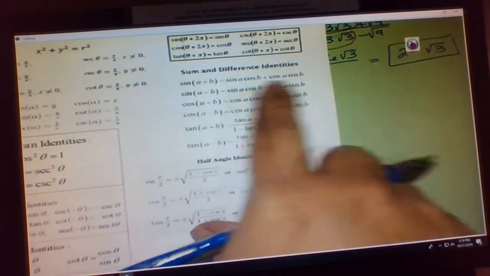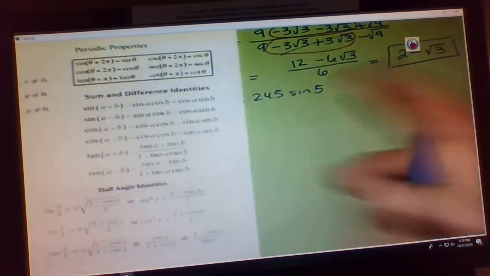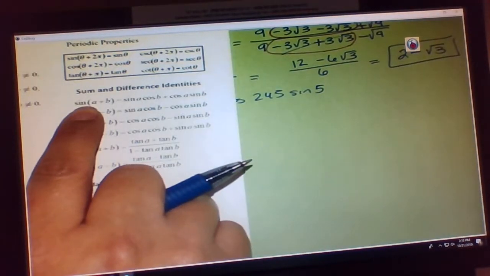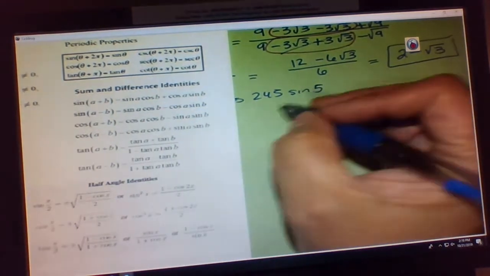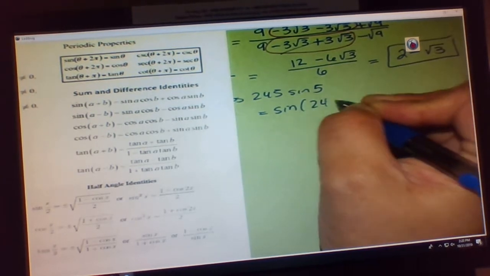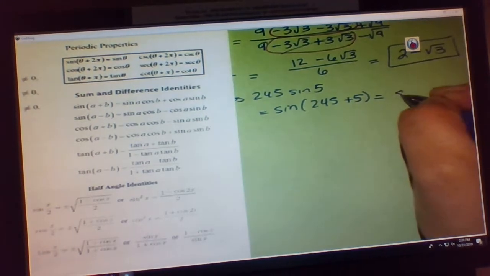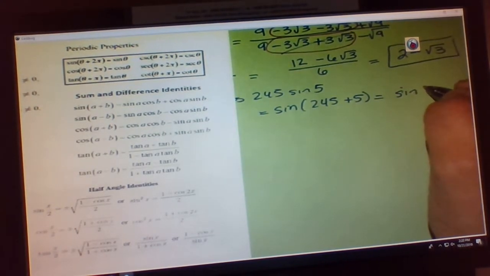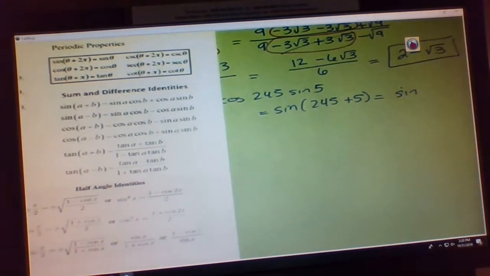Sine cosine with a minus, so it is this one, right? So it is the sum of the sine, because it's sine cosine, cosine sine. This becomes sine of 245 plus 5, which becomes the sine of, I'm sorry, it is the subtraction one, so it's the one with the minus, of course.